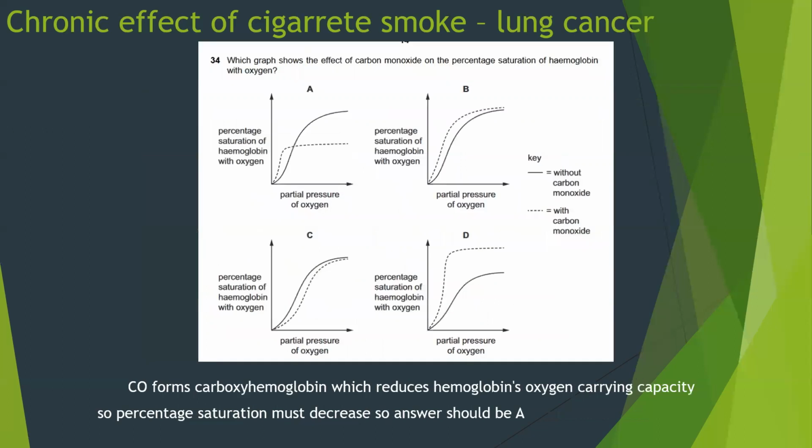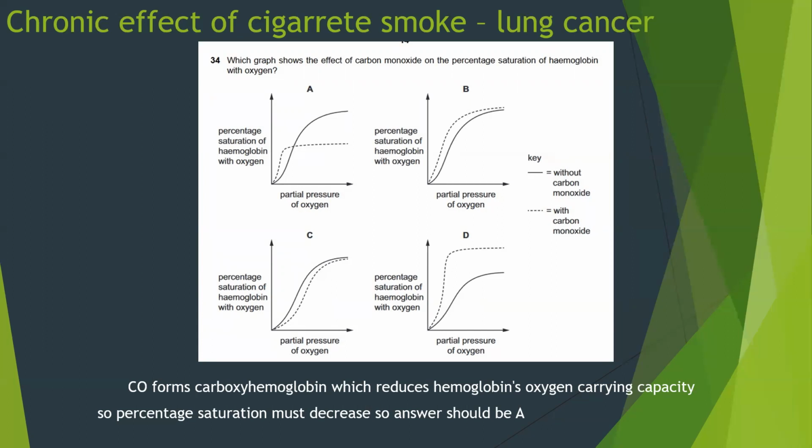The next part is, which graph shows the effect of carbon monoxide on the percentage saturation of hemoglobin with oxygen? I'll let you read the graphs and try to think of this answer by yourself, and then I'll explain. Okay, we know that carbon monoxide can bind with hemoglobin to form a stable compound, carboxyhemoglobin, and carboxyhemoglobin reduces the hemoglobin's oxygen carrying capacity.